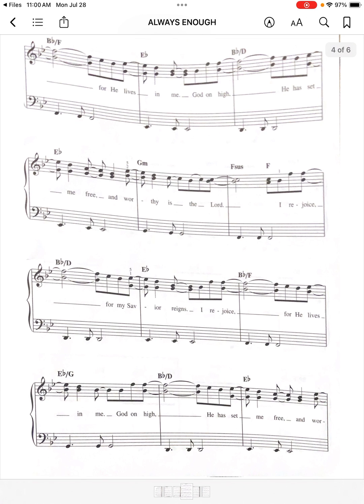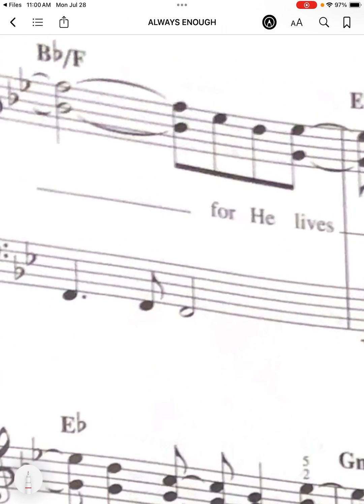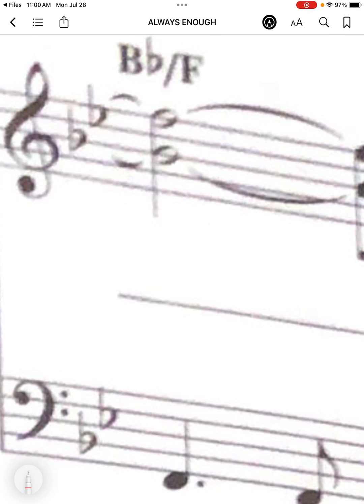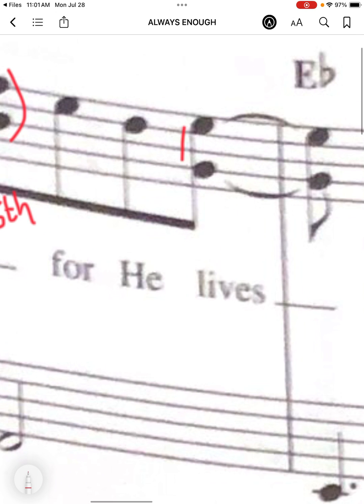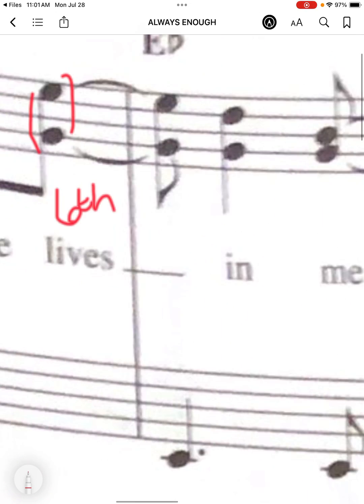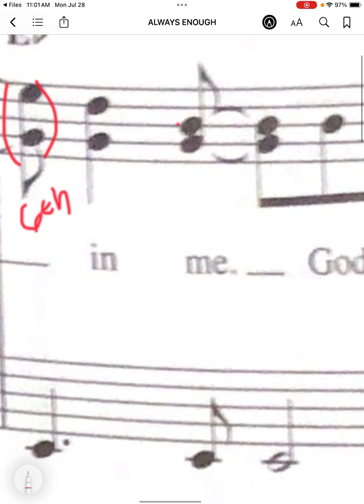All right. For this one, B to F, that's the fifth on intervals. Fifth on the interval. Sixth. Sixth. Third on that grouping.